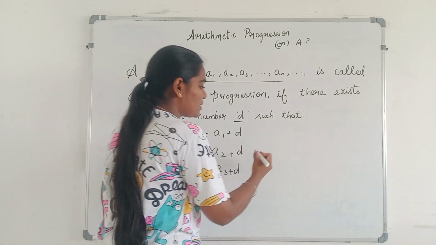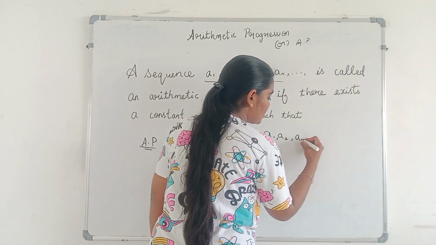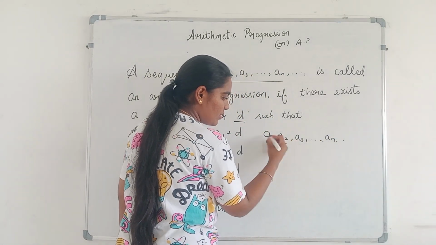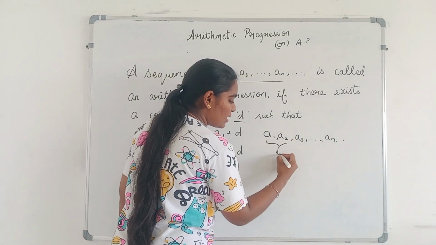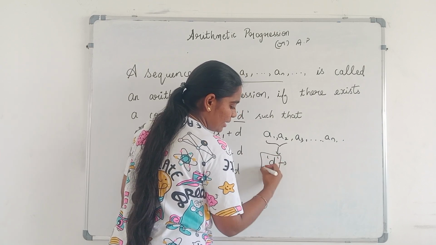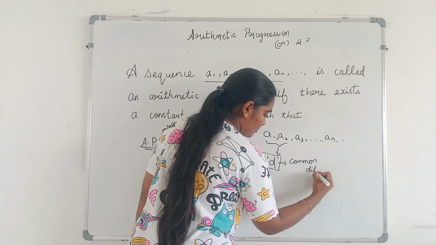That means this is what our sequence is. There is a common difference between these two numbers, and the common difference is denoted by d. So d denotes the common difference.